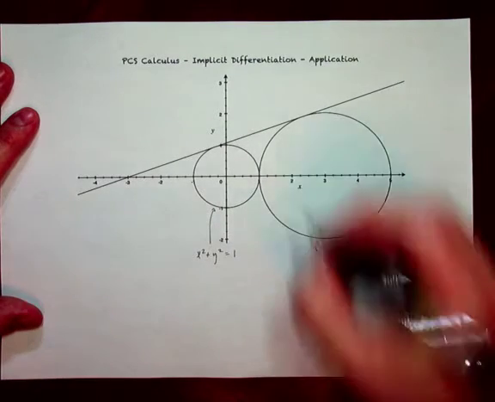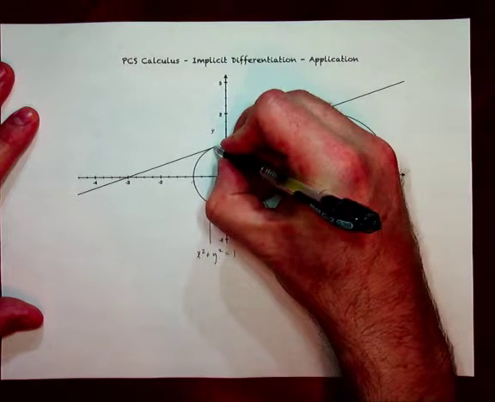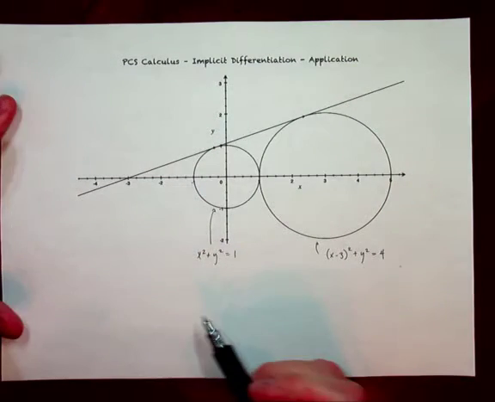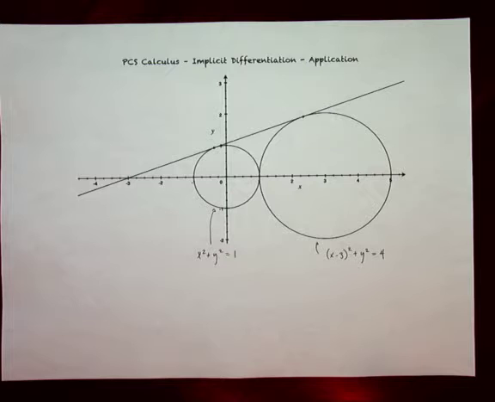Now, it touches here, it touches here, and I need to know what the equation of that line is. Well, in order to figure out the slope of that line, you need to try and figure out two different ways, perhaps, to represent the slope so that you can set them equal to each other and solve, okay?